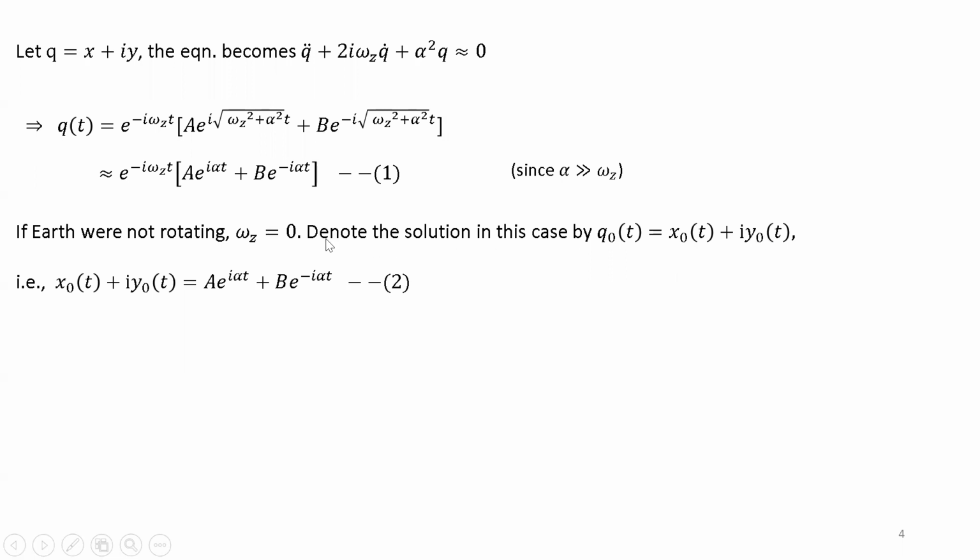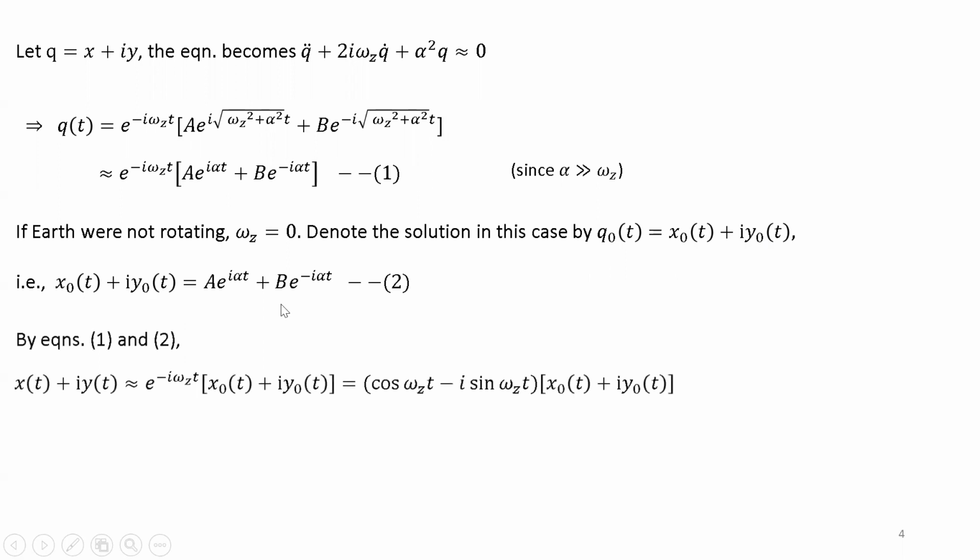Basically I just set this number to 0, so that x naught(t) plus i y naught(t) is given by this. Therefore, the solution Q can be written as a product of Q naught and the extra factor here. This is what I write down.